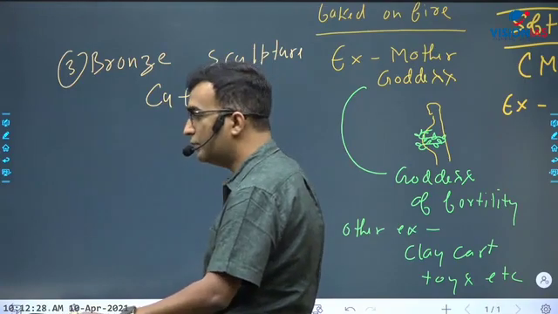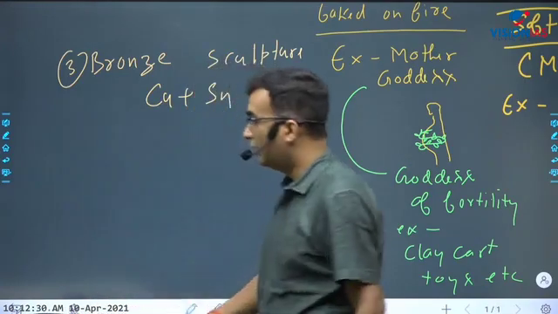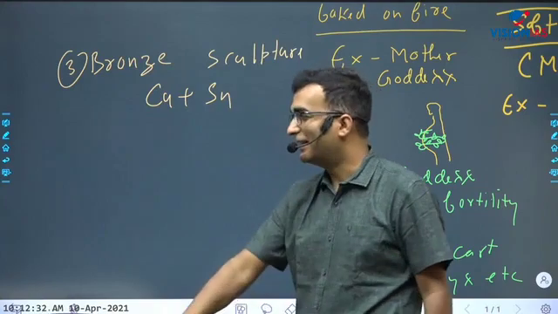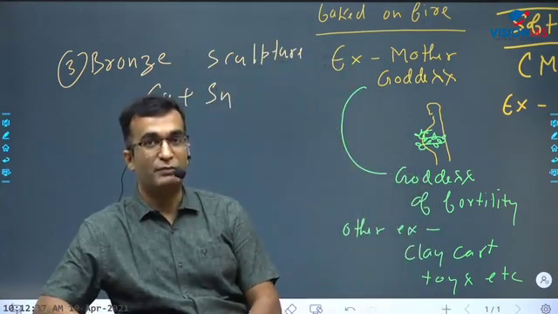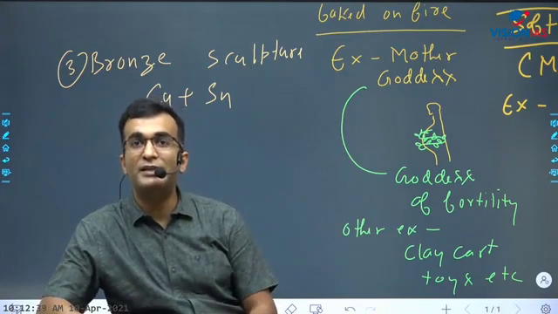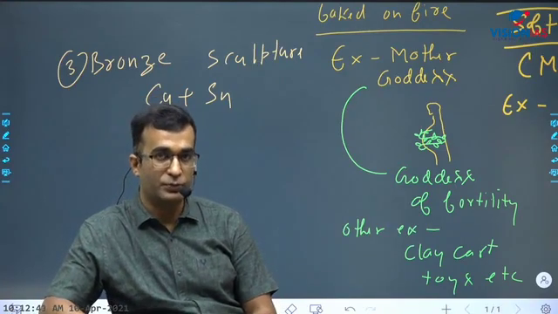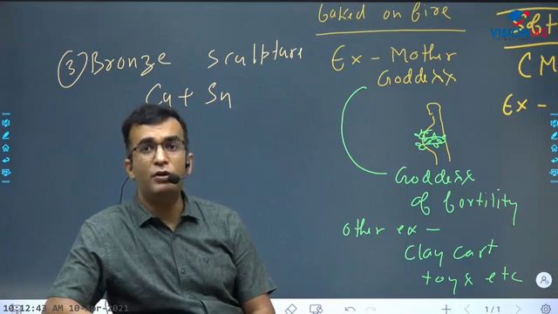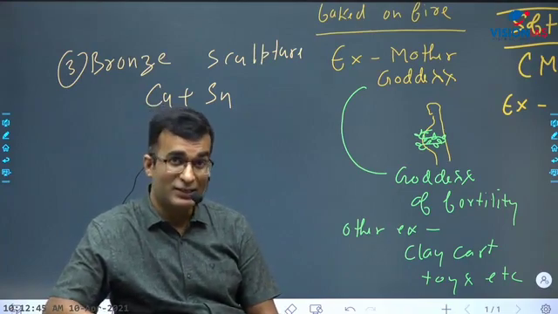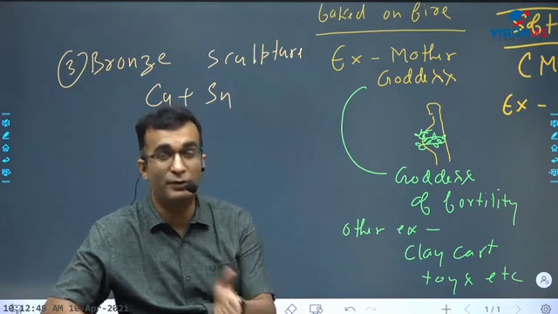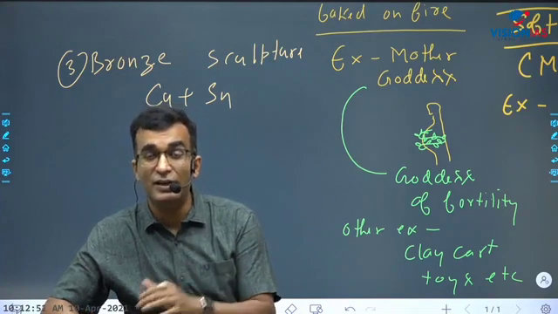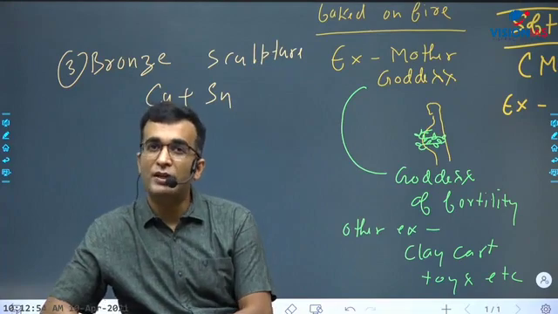So copper, Cu, and tin, Sn, are the symbols of these metals. When these two metals, copper and tin, are mixed, you get bronze. Now, how these bronze sculptures were cast, that is important. It's not important that bronze was made. Most important is the method of making it.